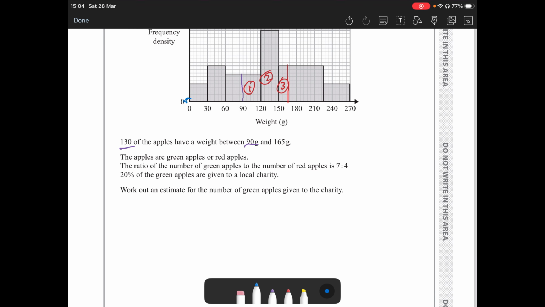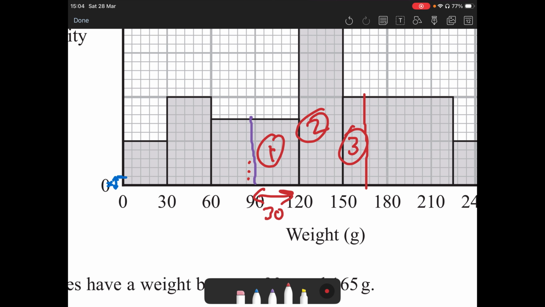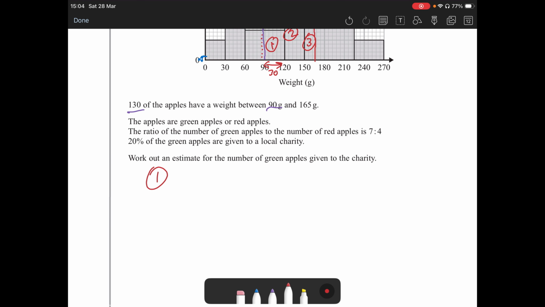So for rectangle number 1, the width is 30 and the height is, there's 1, 2, 3, 4, 5, 6, 7 and a half x, or 7.5x.